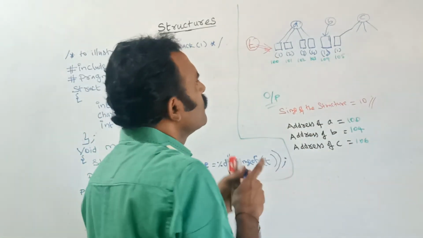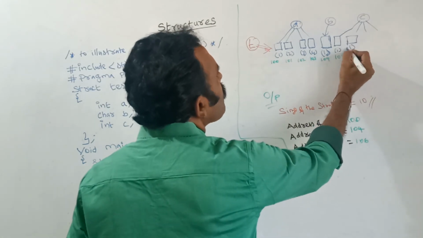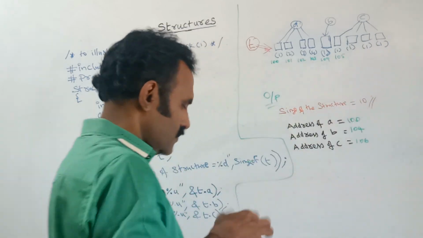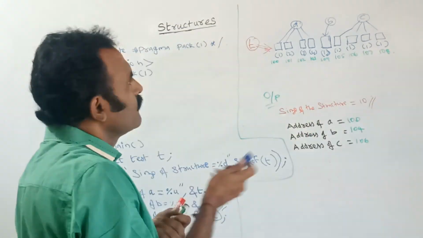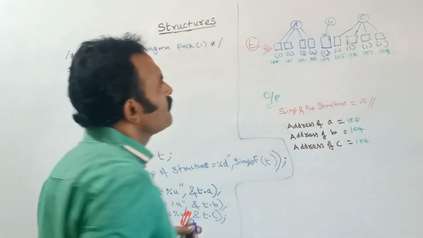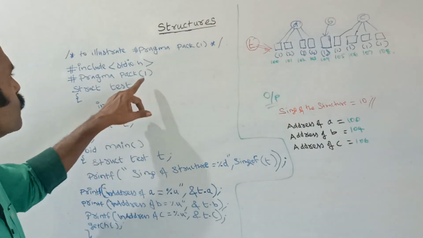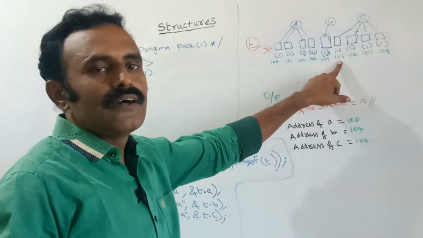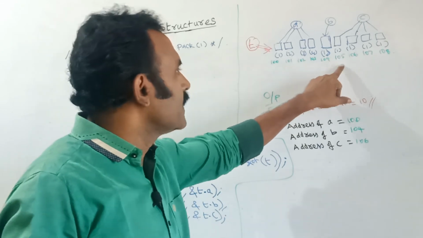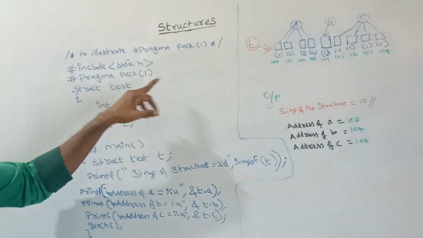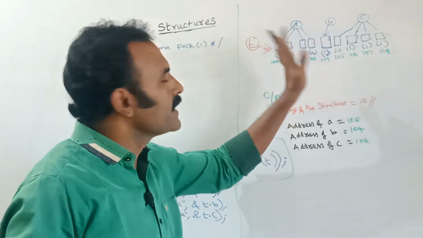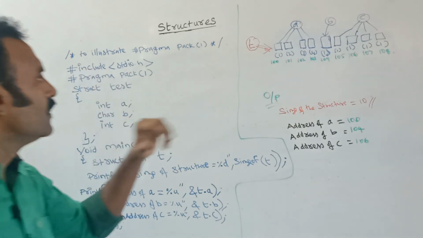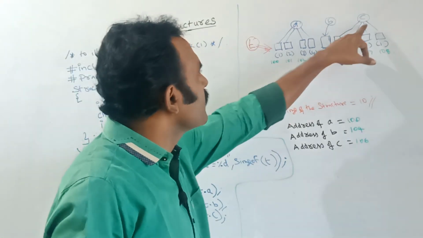Next this is 4 byte. See, previously when it was pack of 2, that 105 was aligned as an empty byte, but now as it is pack of 1, it will take a single byte, so there is no padding in this pragma pack of 1. So here 105 is allocated to C.